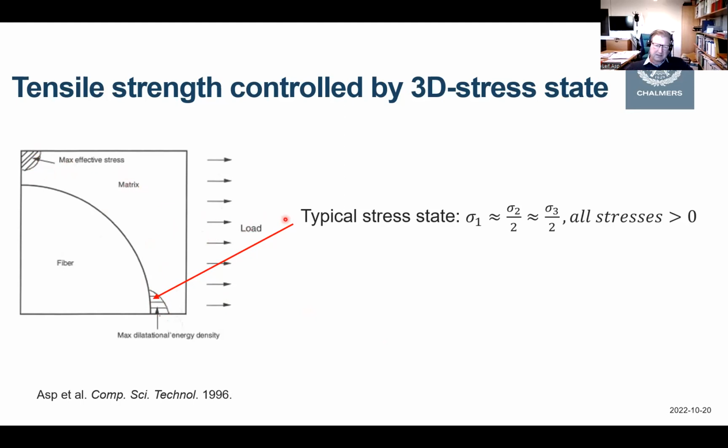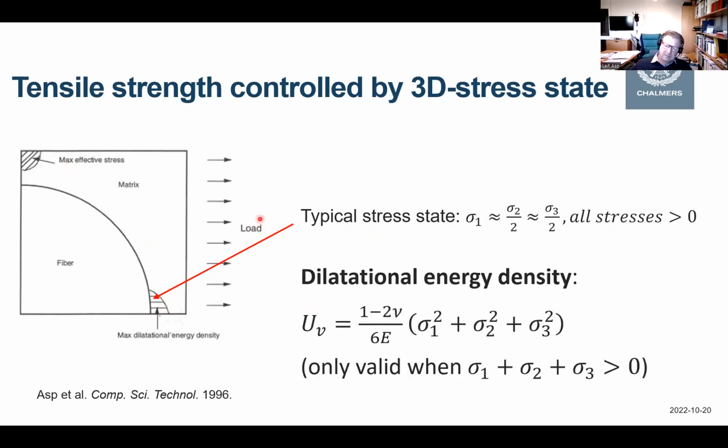A typical stress state for a composite, including residual stresses, is tension stresses at the equator here, where you look into a square array of fiber distribution. For that, we suggested the dilatational energy density based on the first stress invariant.